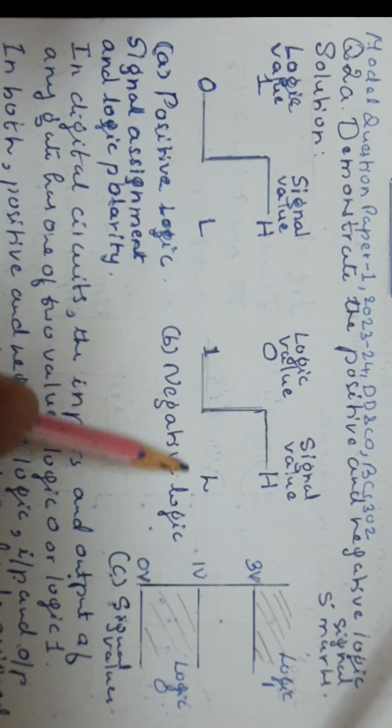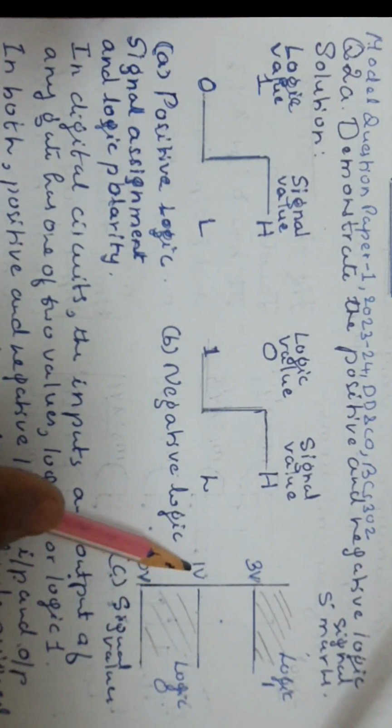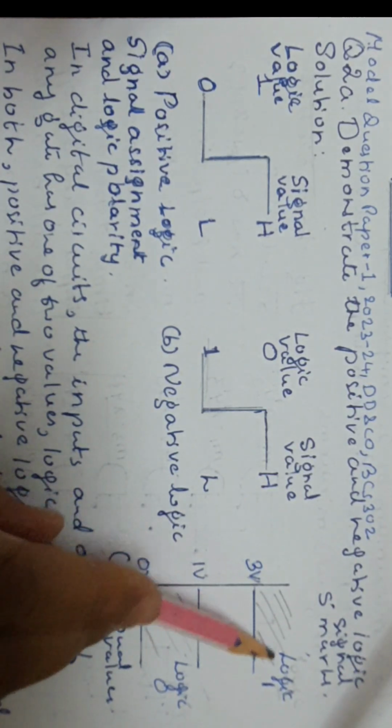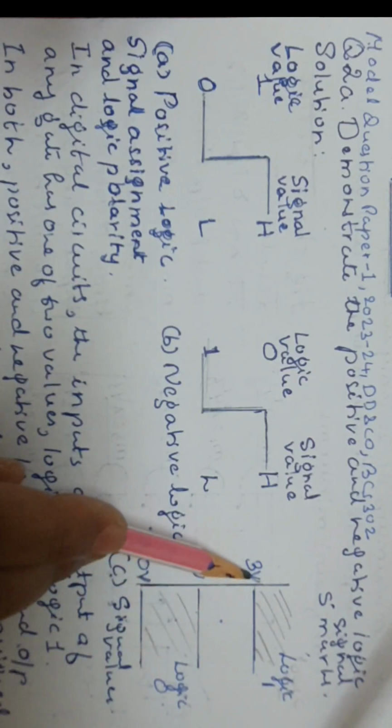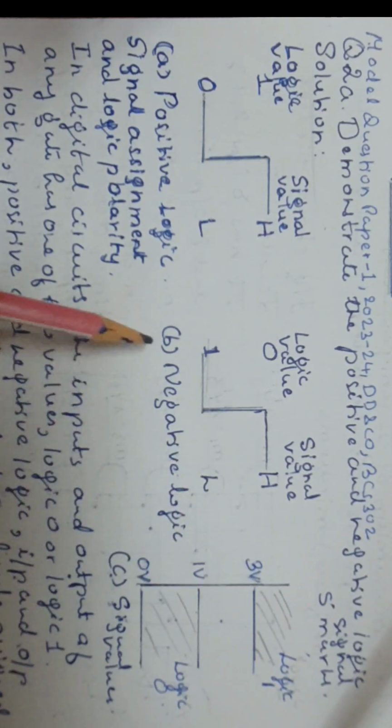To be called logic 0, that DC voltage value must be between 0 and 1 at least. To be called logic 1, that DC voltage must be above 3 volts till 5 volts, not below 3 volts here.